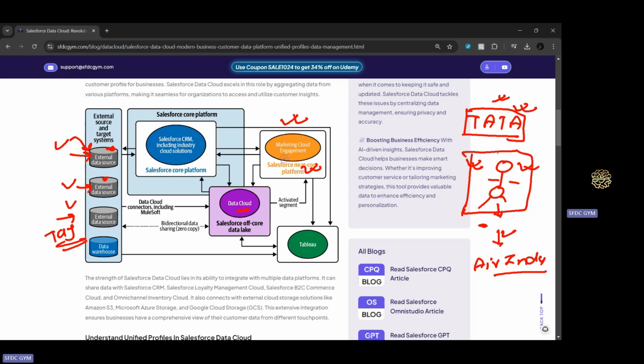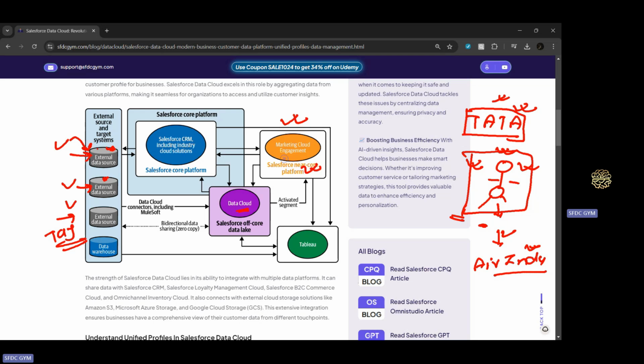That means this customer purchased gold from Tanishq. The same customer purchased an air ticket from Air India. As a Data Cloud architect, how will you ensure that this customer is the same customer, right? That means you need to create some sort of profiling to identify the multiple customers whose data is coming to your Data Cloud, right?